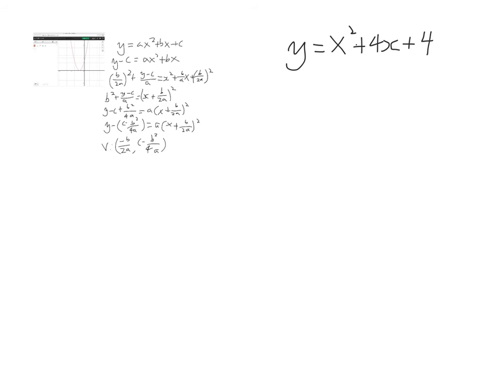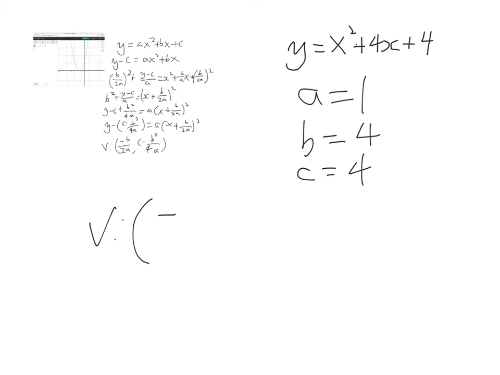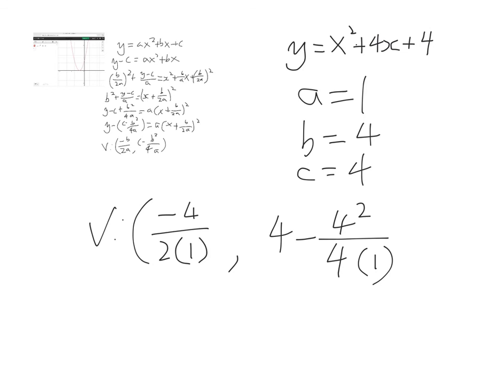So in this function, we know the a value equals 1, the b value equals 4, and the c value equals 4 as well. And then we only need to plug a, b, c into the equation, which means negative 4 over 2 times 1, and 4 minus 4 squared over 4 times 1.